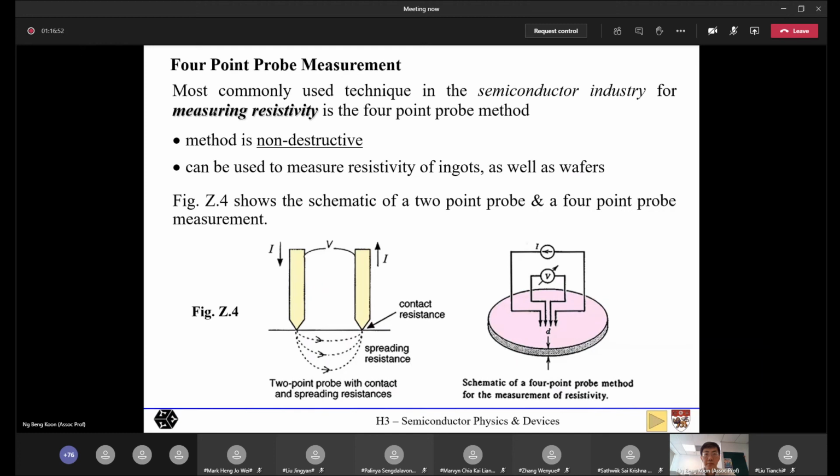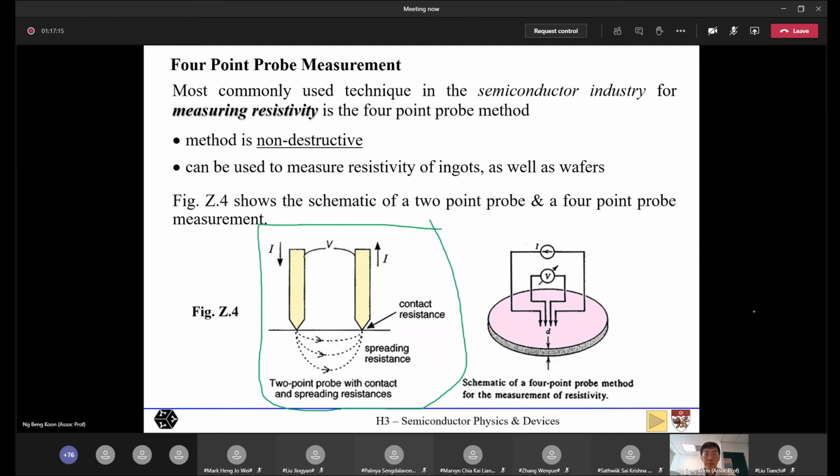So what you find is that when you measure the resistance using this method, the conventional method where you just put a probe directly on the semiconductor and put a current and measure voltage, you actually will be measuring some undesirable resistance that will appear in the circuit.